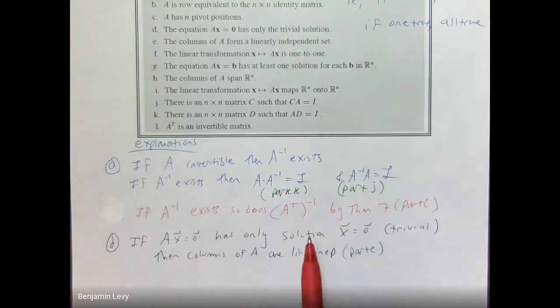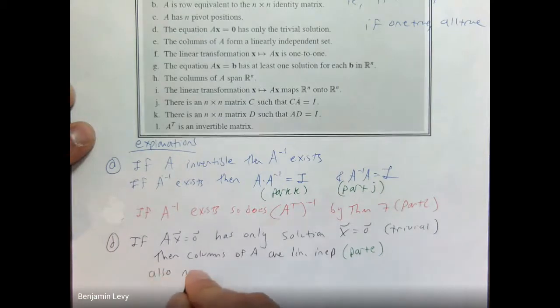If we only have the trivial solution, we need a pivot in every variable spot, which means there's a pivot in every row. And that's part C.